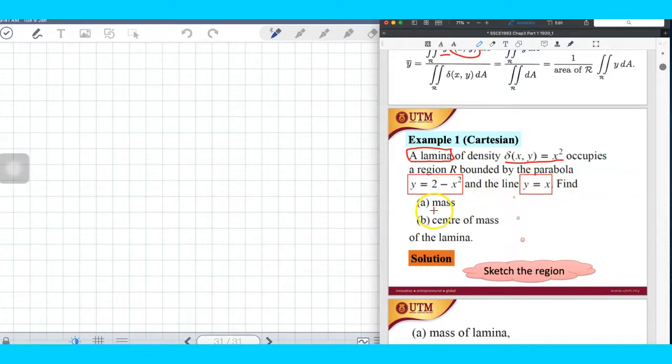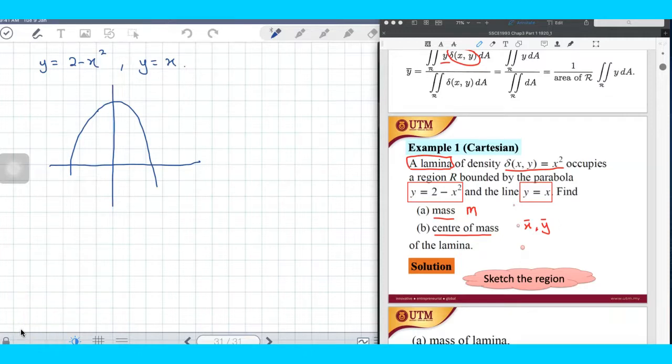So for the question here, you have two parts. Find the mass, which is the small m, and the center of mass, which means you have to find x bar and then y bar. Okay, so firstly, from the question, we have to find the mass, where the formula uses a double integral because we have a lamina here, the density function, and dA over the region.